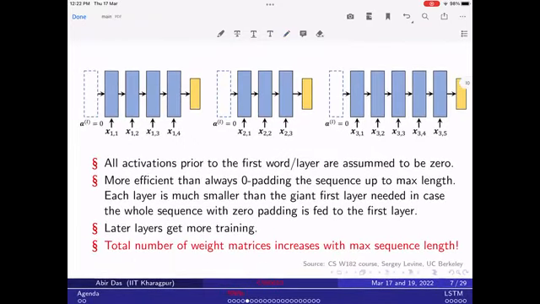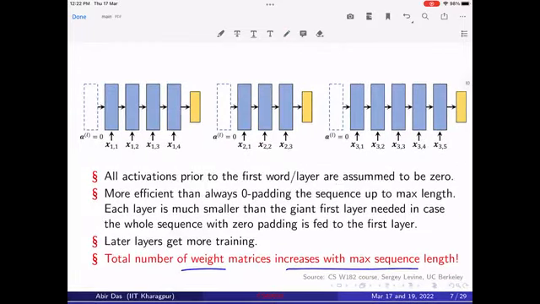Another thing is that the total number of weight matrices increases with the max length of sequences. So this is the same disadvantage: if the sequence length is very high, then it becomes very deep, and you have to learn a lot of weights. Before I go to the solution, I'll stop for any questions.